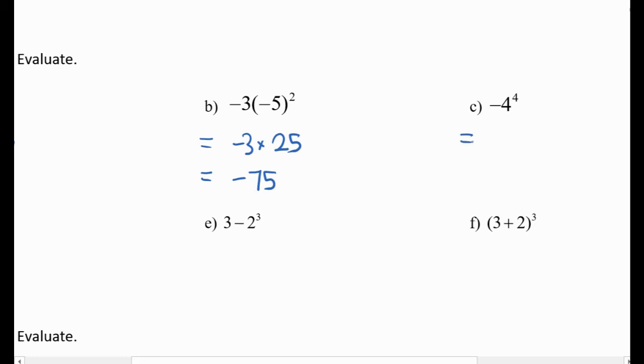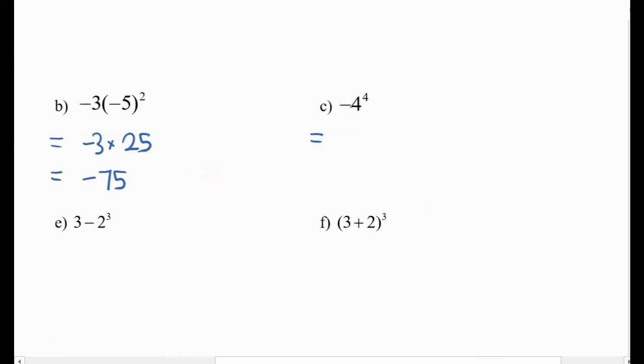Next question. Negative 4 to the power of 4. So directly in front of the exponent, you have 4, not the negative sign. So that means you do not repeat the negative sign. Okay? So 4 to the power of 4. You repeat multiplying 4 four times.